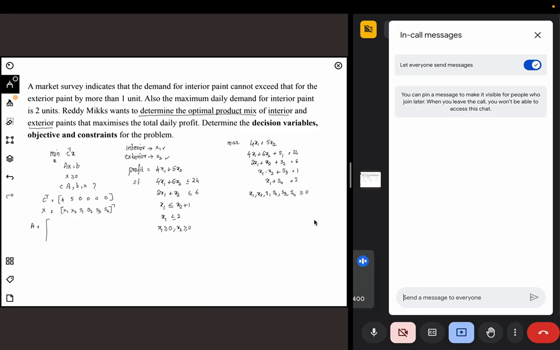From the first equation, it will be 4, 6, 1. Sorry, there are a total of 6 variables. The next one, 2, 1, 0, 0, 1, 0, and the last one. So this is my A matrix. And similarly, I can write my B matrix.